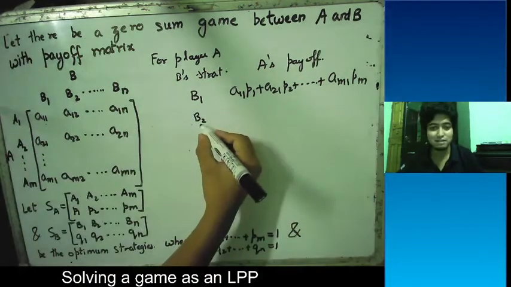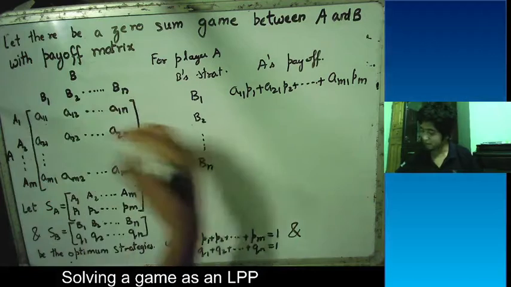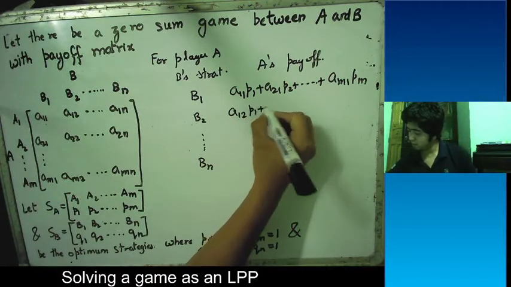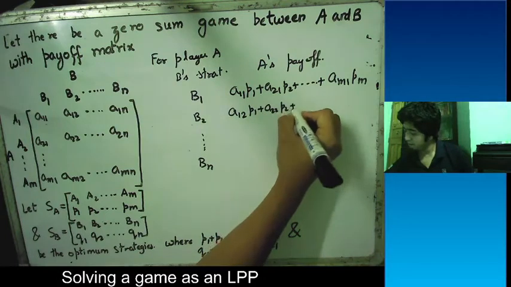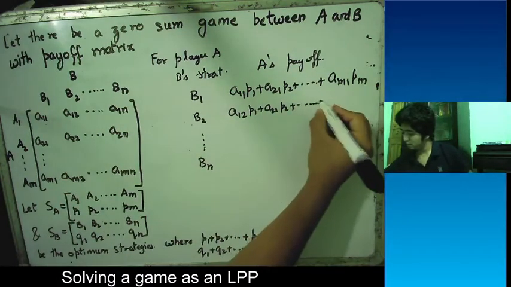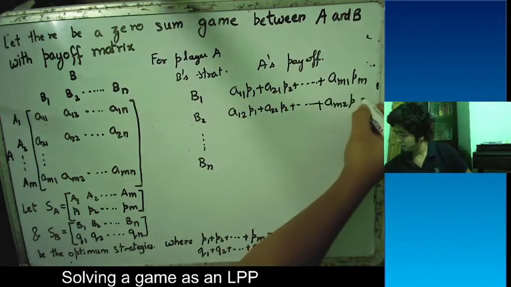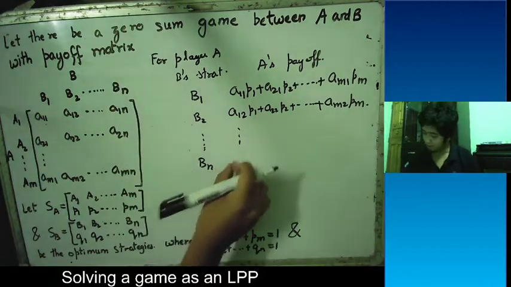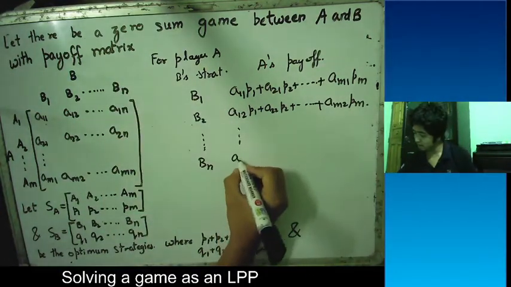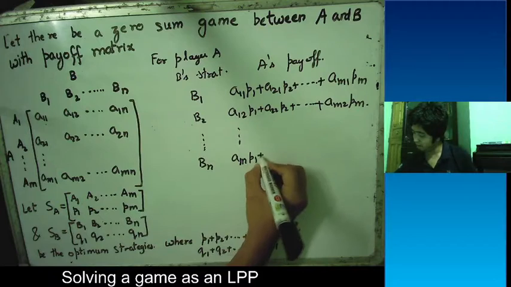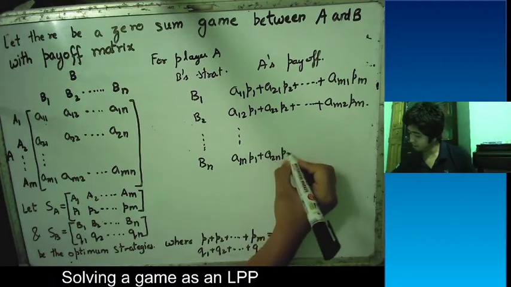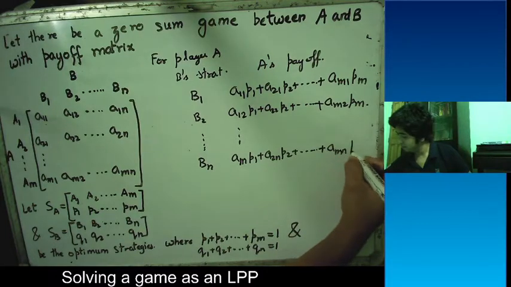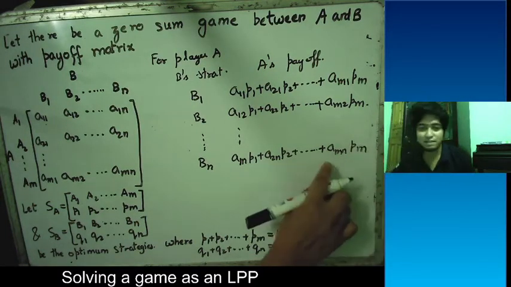Similarly, when the strategy is B2, you will have to take this column, which is A12 P1 plus A22 P2 plus so on up to Am2 Pm. Similarly, we can go like this for the last strategy, that is Bn. The payoff will be A1n P1 plus A2n P2 up to Amn Pm.